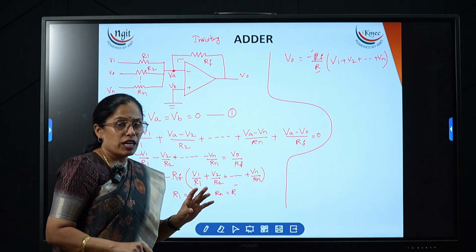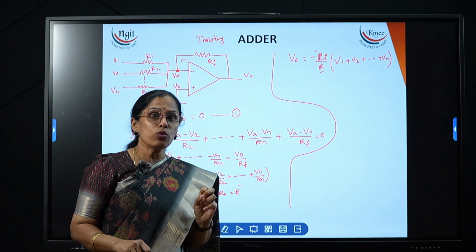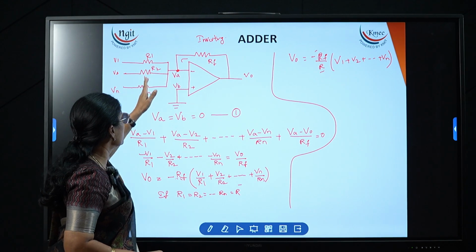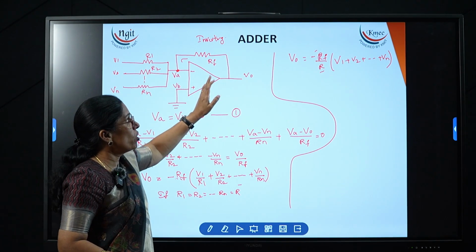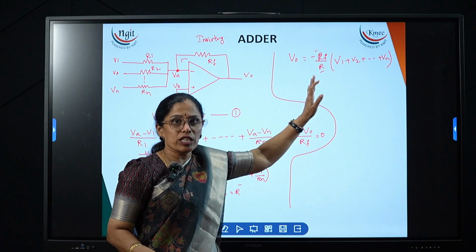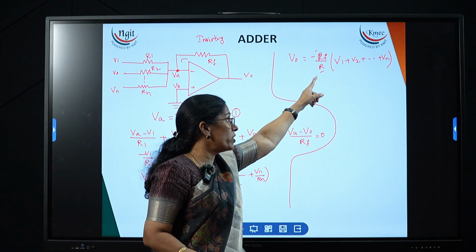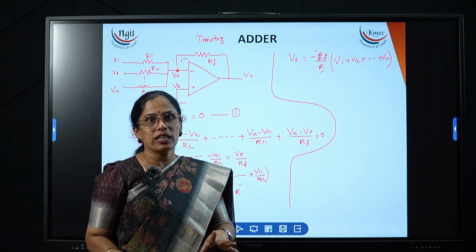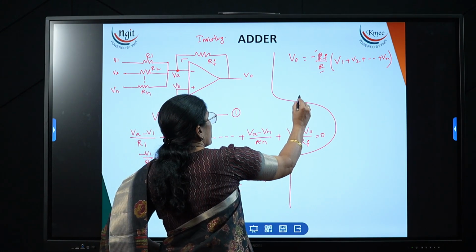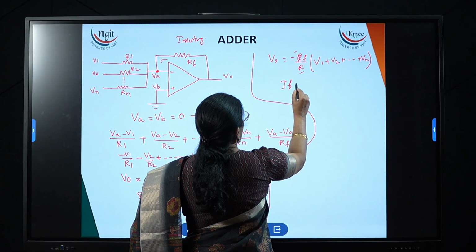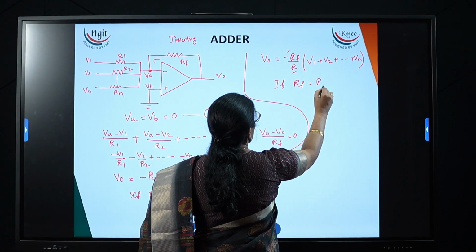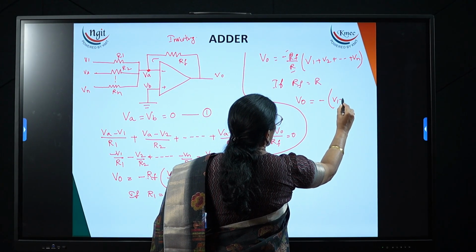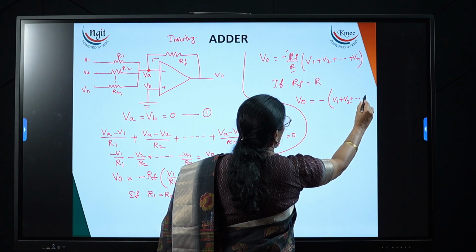If I want to set two signals' gains differently, we have to take separate resistors. If I am adding two signals and the gains must be equal, then you have to take all the resistor values equal. That way it adds the input signals and also amplifies with this gain. If you don't want any gain and just want to add the signals, then if Rf is equal to R, you will get V0 equal to minus of (V1 plus V2 plus, and so on, Vn).